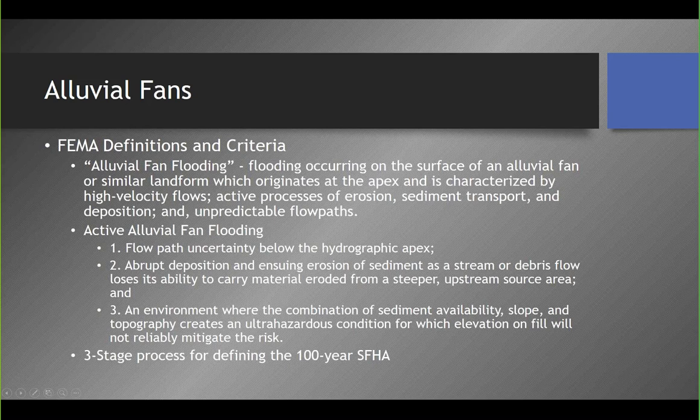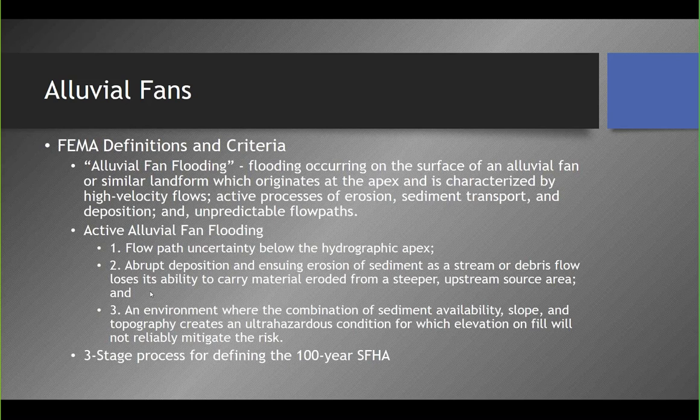You can read how FEMA defines alluvial fans, but there is a three-stage process to defining the flood risk in alluvial fans. Stage 1 is recognizing and characterizing alluvial fan formations or landforms.